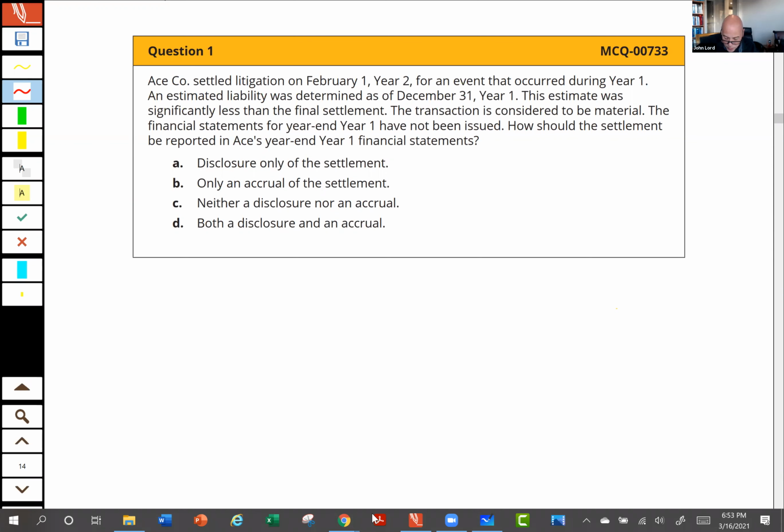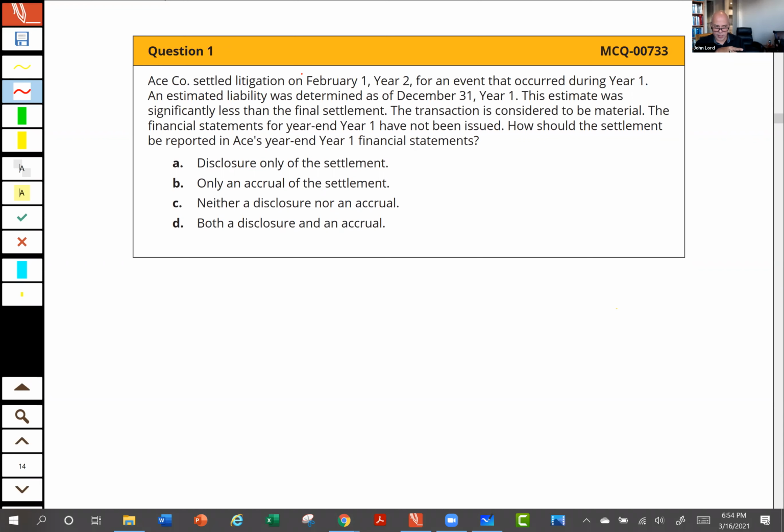Okay, let's take a look. I would have hoped that more of us got this right. This is either a recognized subsequent event or a non-recognized subsequent event. With a recognized subsequent event, the conditions existed at the balance sheet date, and therefore we have to accrue, and of course you always have to disclose about a subsequent event.